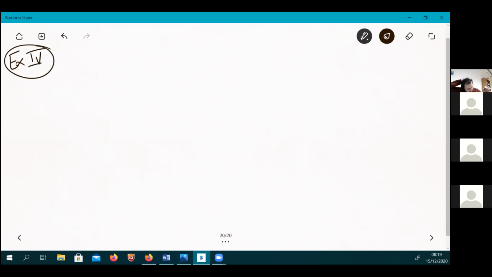First one, quite simple. You have a single mesh circuit.